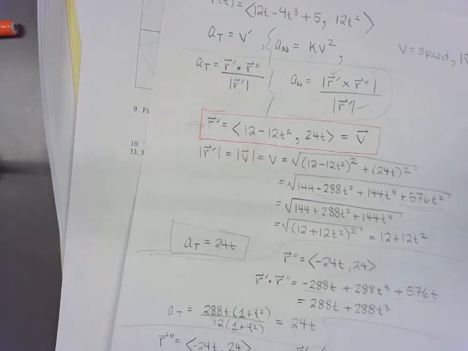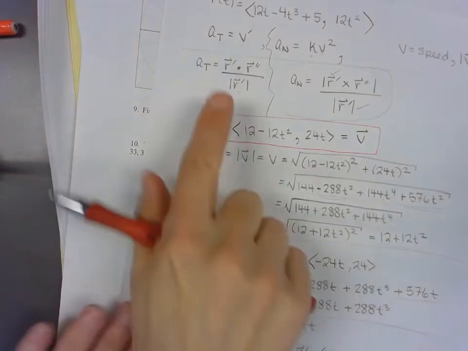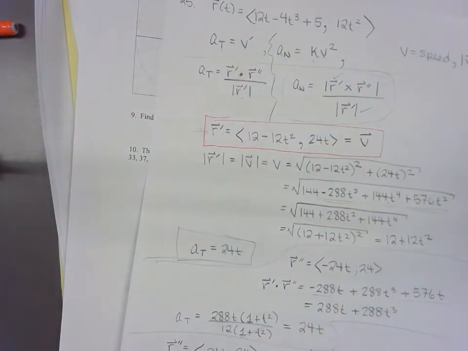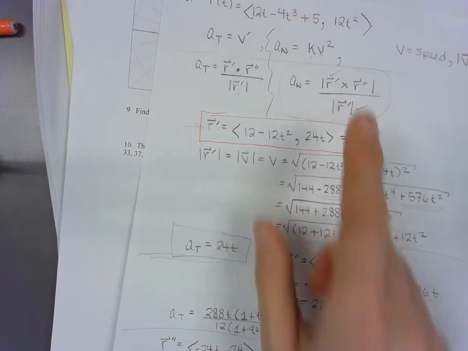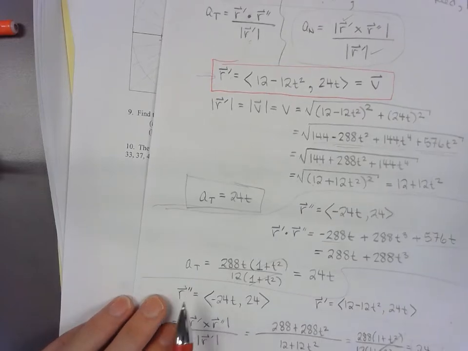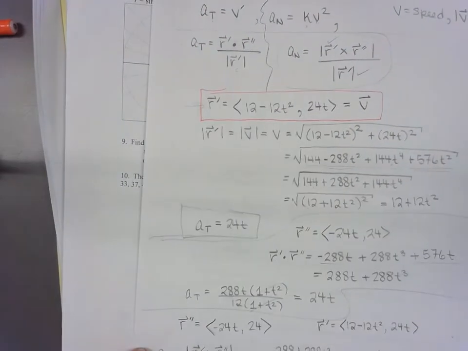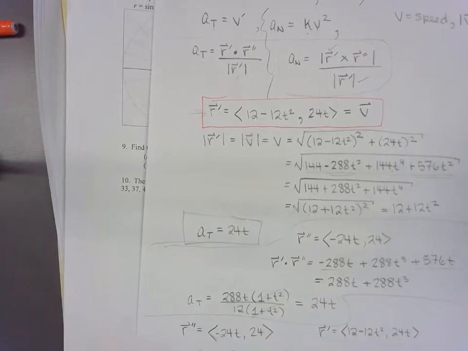So if you were going around just in a circle, R prime dot R double prime is always going to be 0. But R prime cross R double prime, if you're going around in a circle, you definitely have a normal component of acceleration. So you would get 0 for AT, but you would get a different constant for AN. So obviously it wouldn't be the derivative of 0. So that was a coincidence for this problem.